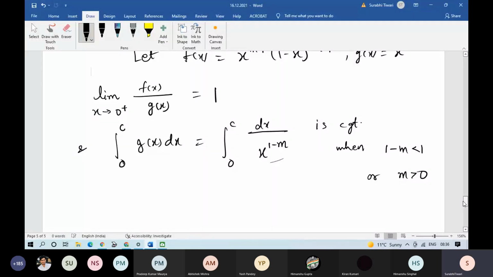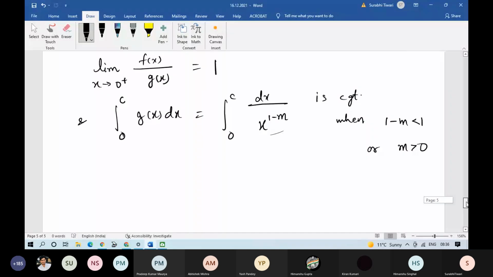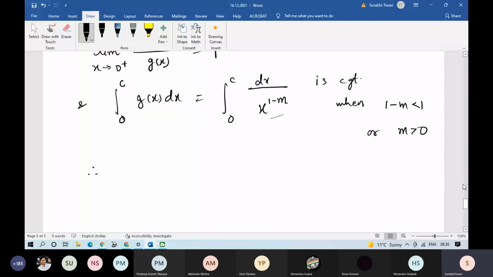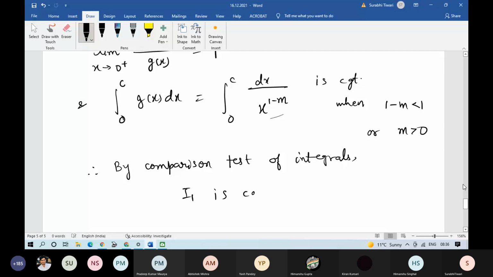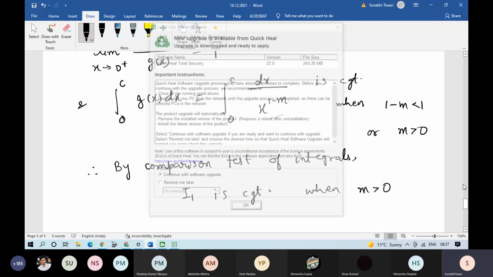So therefore, by the comparison test of integrals, I1 is convergent when m is greater than 0. Okay, greater than 0 and less than 1, because we have assumed less than 1.